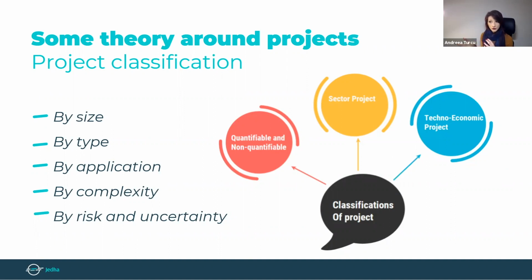By type: new or maintenance, upgrade, strategic, tactical or operational projects. By application, such as software development, new product development, equipment installation, and so on. And finally, by complexity, risk and uncertainty.